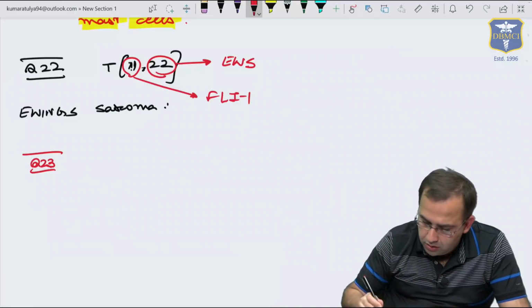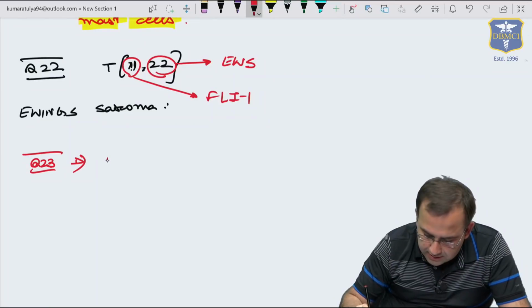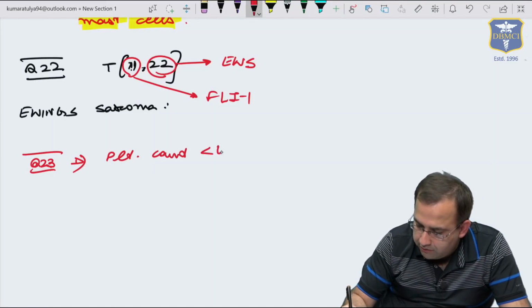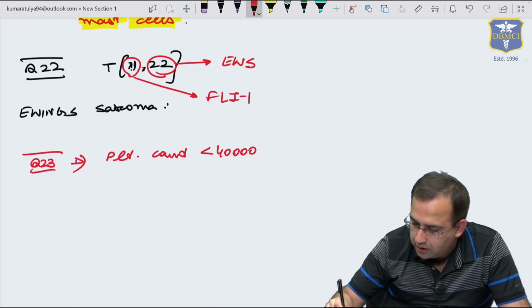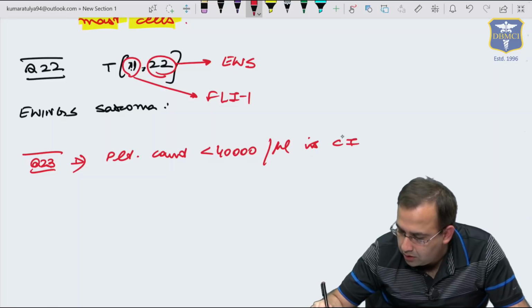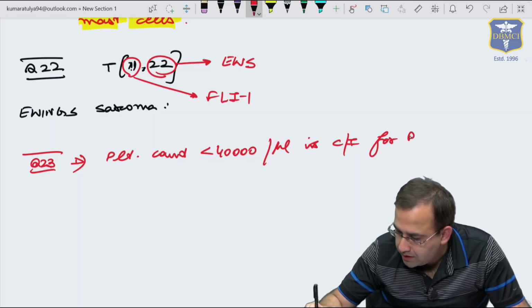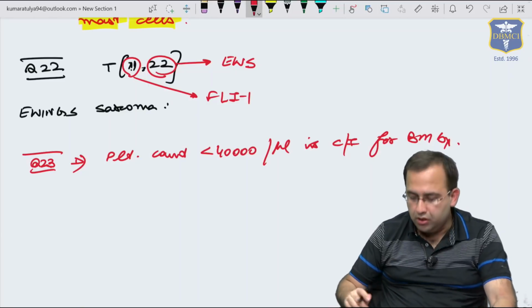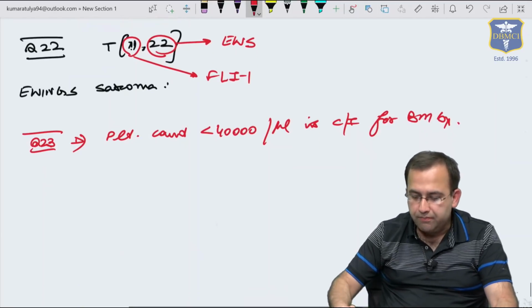So question 23, the answer is D, that platelet count less than 40,000 per microliter is a contraindication for bone marrow biopsy. This is false. It is not a contraindication for bone marrow biopsy.